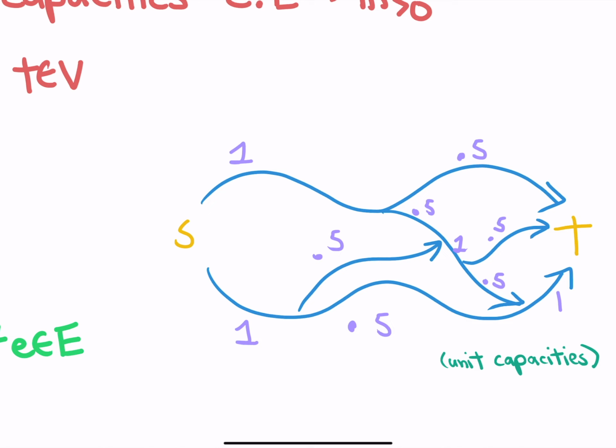So you can split it up and add it up and go back and forth as much as you want, but it still needs to fit that analogy where what goes into a vertex has to go out, as if it were water. And you also have these capacity constraints that say how much water you can send down an edge at any moment of time. So that's the flow model.